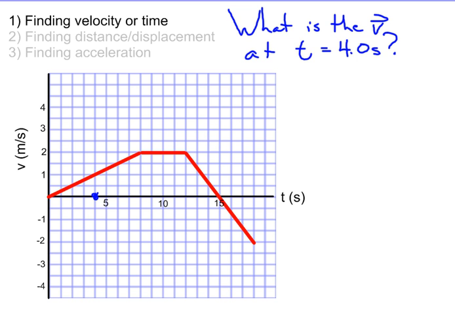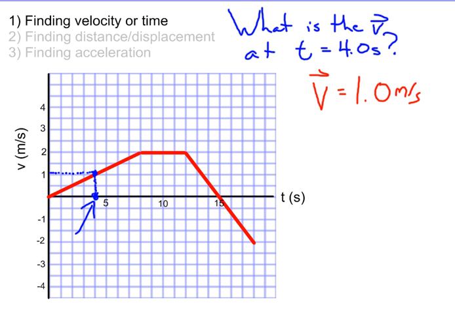Well, that's right here. So at the time equal to 4 second mark, we need to then locate where our graph is. So our graph is indicating to us that the velocity is equal to 1.0 meters per second, read directly off the graph.